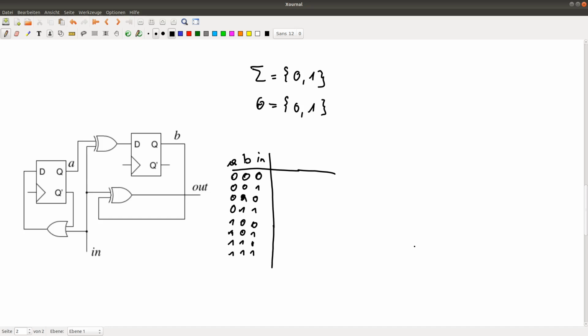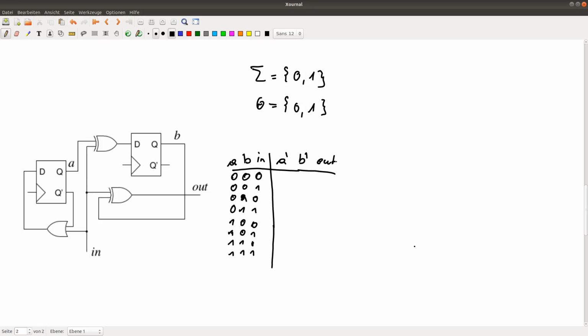These are the 8 possibilities we have, and from this we calculate the values of A prime, B prime and out, and when we have these values we can find the I/O automaton.